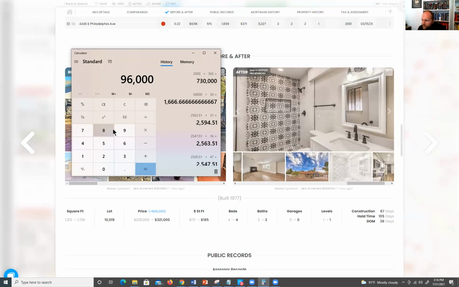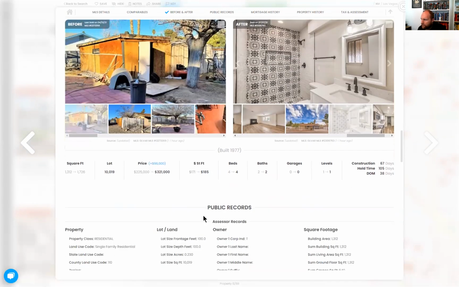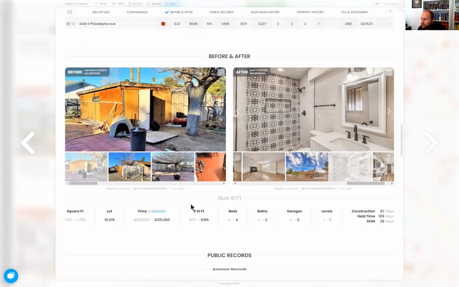But let's just say their realtor fees, their repair costs, maybe they borrowed money. Let's just say it costs them, I don't know, 60,000 bucks. All right. So in less than 4 months, they made $36,000. Cool. That's great. That's awesome. So that's another valuable piece of this software.